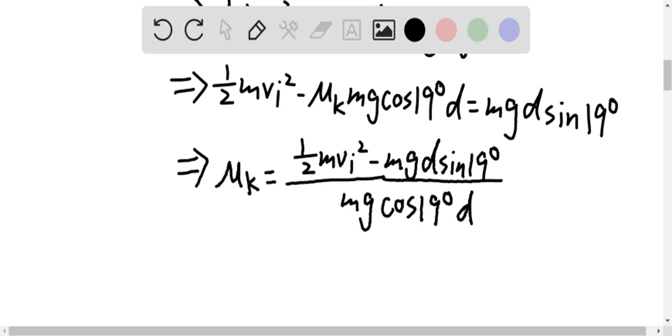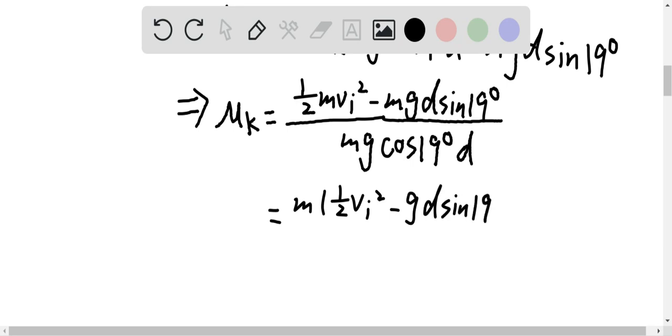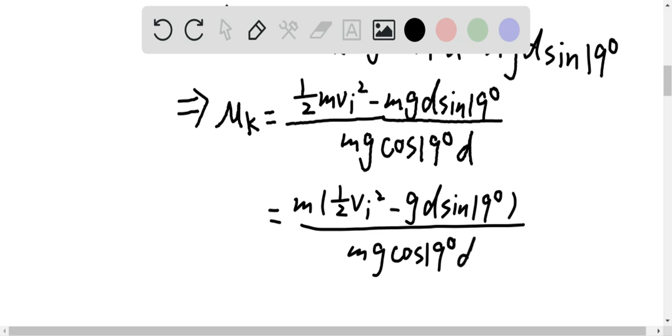You see we can take m out from the numerator, which is m times 1/2 vi squared minus gd sine 19 degrees, over mg cosine 19 degrees times d.